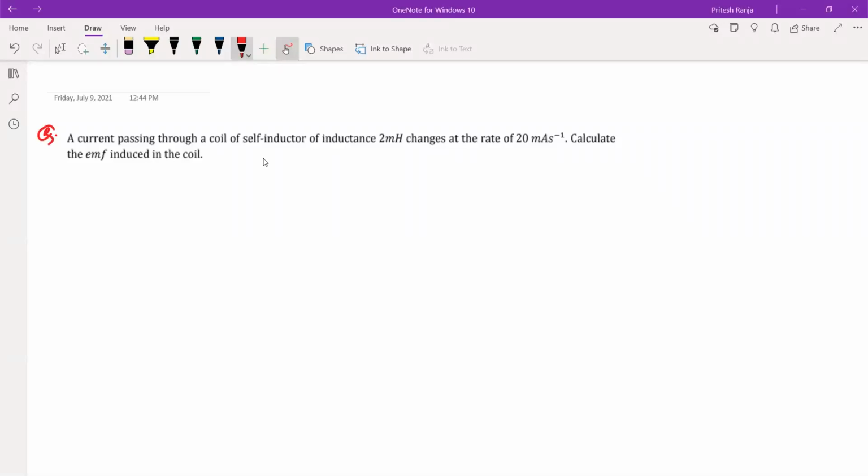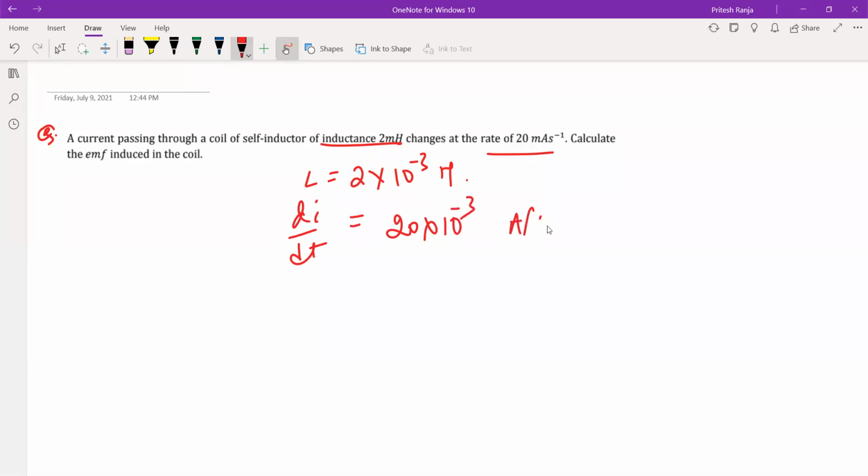So here we have self-inductance L as 2 millihenry. The rate of change of current di by dt is 20 into 10 to the power minus 3 ampere per second. We have to find the EMF induced in the coil. No need about the direction, we just need the magnitude in this case.